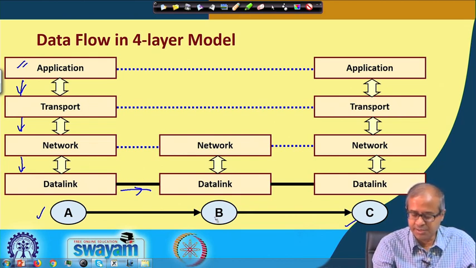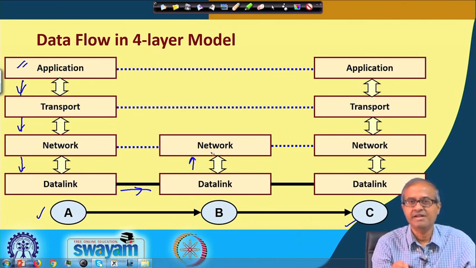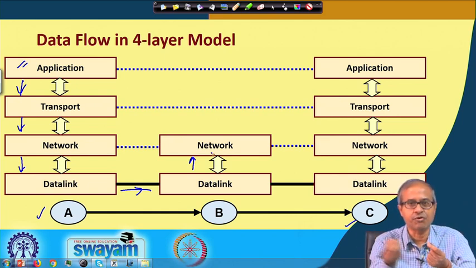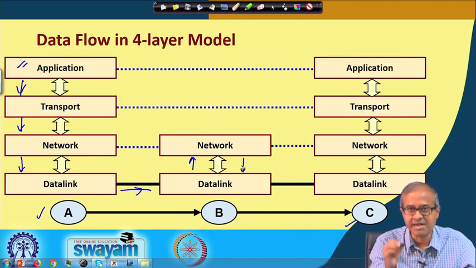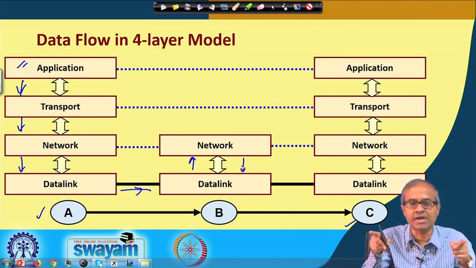Now, this intermediate node B receives the frame, sends it up to the network layer, which takes a decision where to forward the packet next, and accordingly it sends it down to the data link layer of the outgoing link.